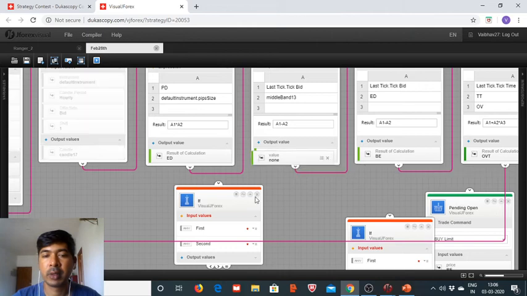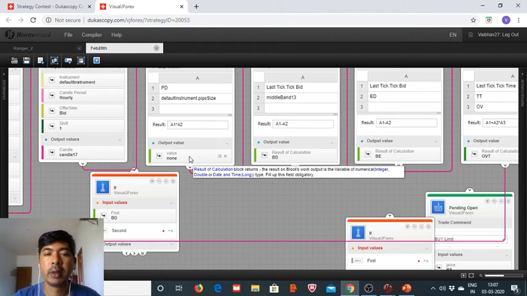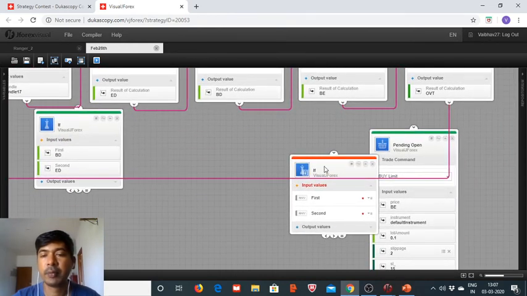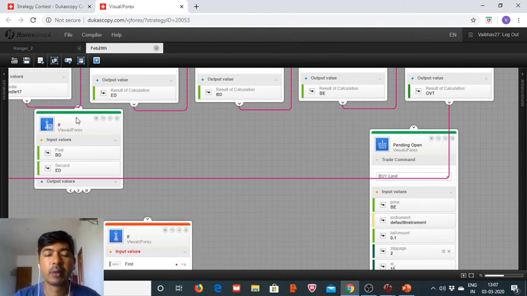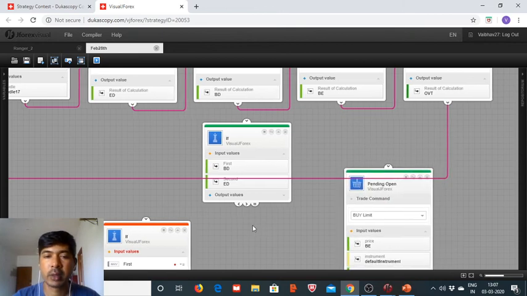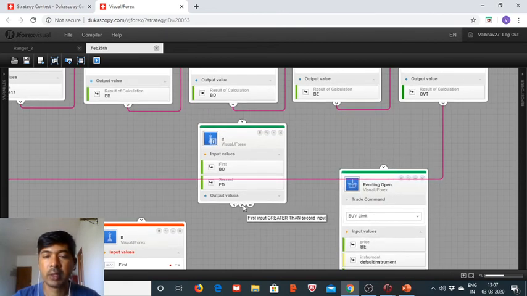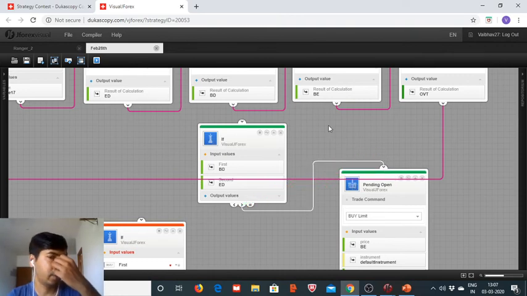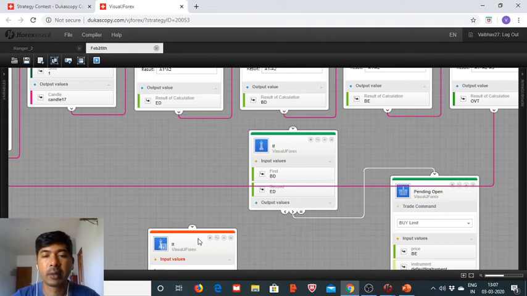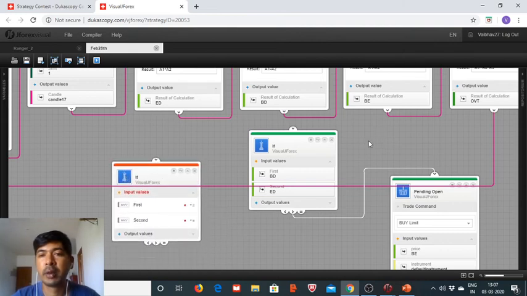So let's compare this. The buy difference is more than the execution difference, so we bring it in here. We will need to connect greater than: the buy difference is greater than the execution difference. And when the buy difference is less than the execution difference, the order will remain for the market open.